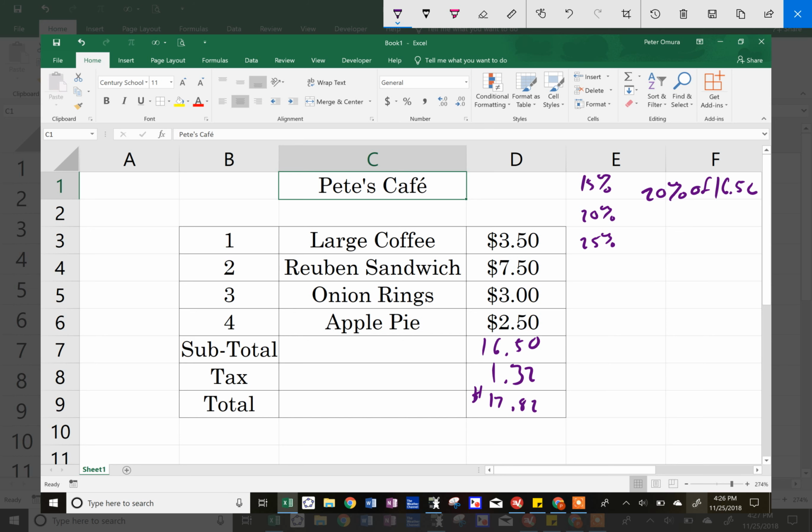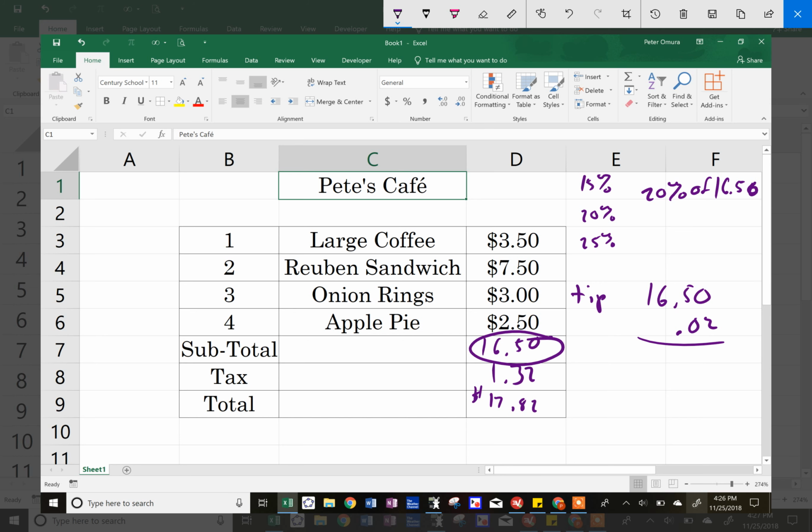Now, I might get into trouble for saying this, but technically, you're supposed to find the tip based off of the subtotal, not the total, because you're not tipping on tax. I'm sure I'll get in trouble for saying that, but that's just what I'm going to do. I'm going to say $16.50 times 0.02 for 20%.